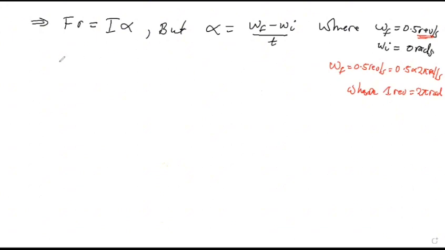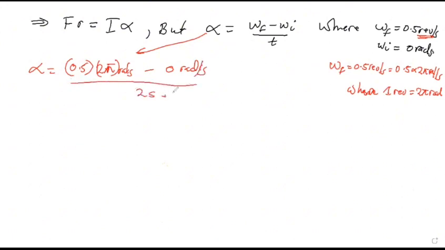With that, therefore, we can get our alpha as being equal to 0.5 multiplied by 2 pi radians per second minus 0 radians per second, divided by 2 seconds.